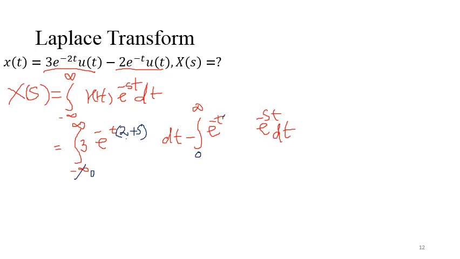So we take minus t common. When I take minus t common, I am left with 1 plus s, right? So I can remove this term, and that means I have dt here.